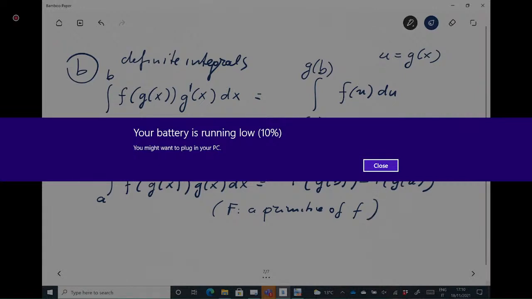Let me show you another example in which we have a definite integral.